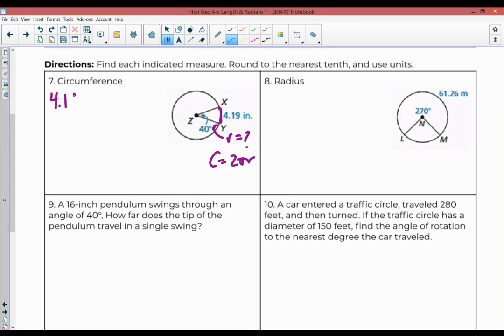So 4.19 equals 2 pi r times 40 over 360. I can do 40 divided by 360 times 2 pi, so I get 4.19 equals 0.6981 r.